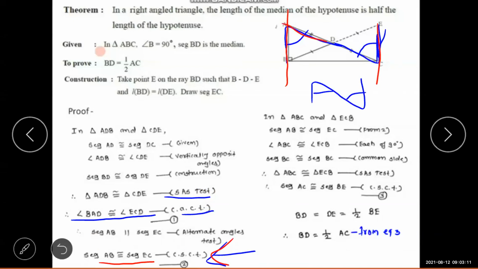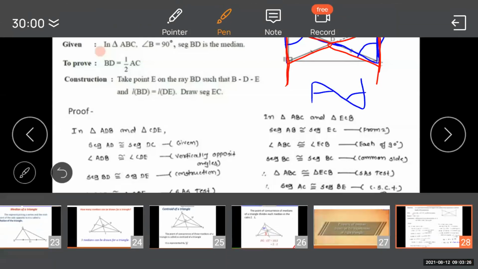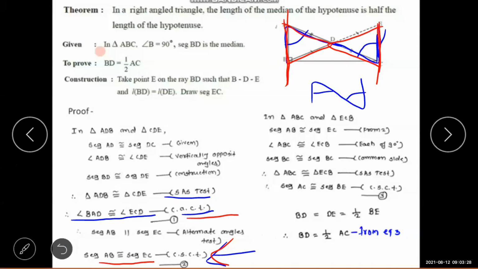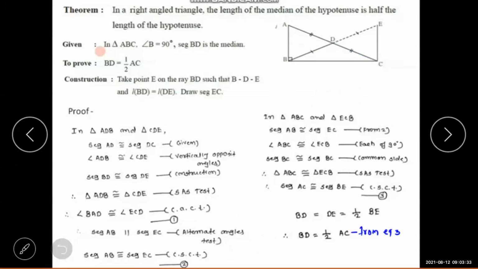These two little triangles are congruent, so their corresponding sides are also congruent to each other. Yes, we mark this as equation 1 and here as equation 2.